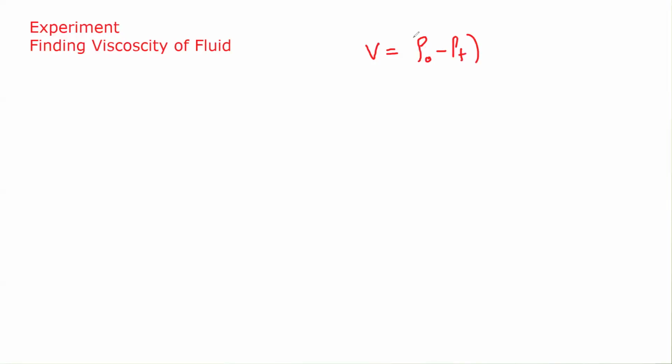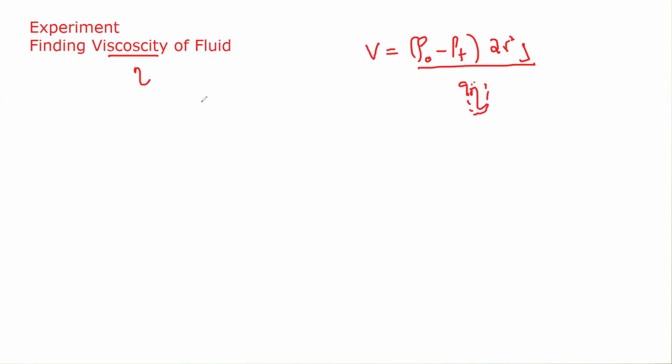So if we say, an experiment to find the viscosity of the fluid, the formula which we derived was that the terminal velocity is the difference in the density of the object and the density of the fluid, times 2r²g, divided by 9η. If I need the viscosity, η, I need to rearrange this.